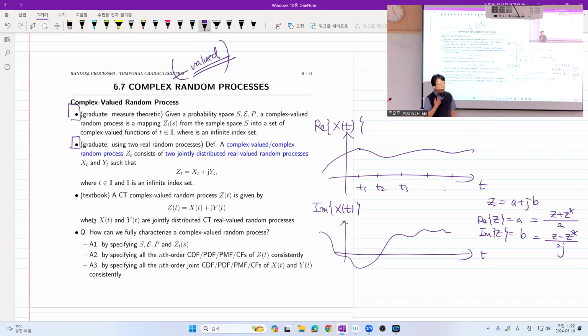And what would be the extension of Kolmogorov's existence theorem? As far as we can describe consistently any nth order joint CDF or PDF, PMF or characteristic function of the two random vectors taken from the random processes, then what? There exists this mapping rule from the sample space into the ensemble of complex valued sample paths. Got it?